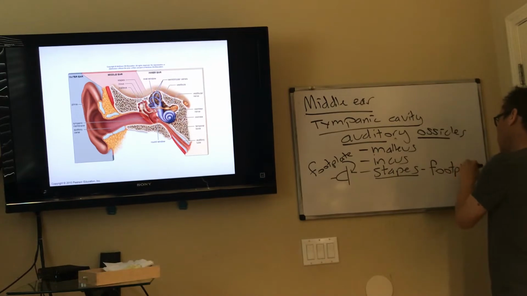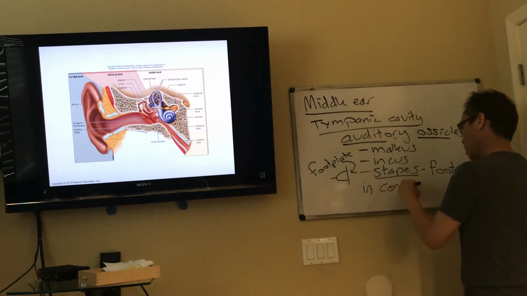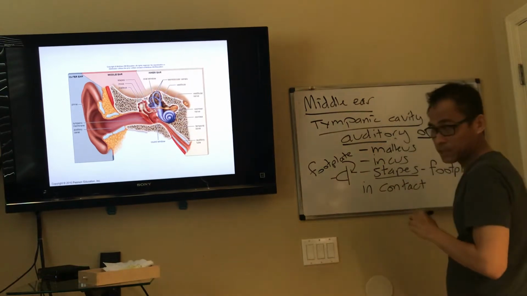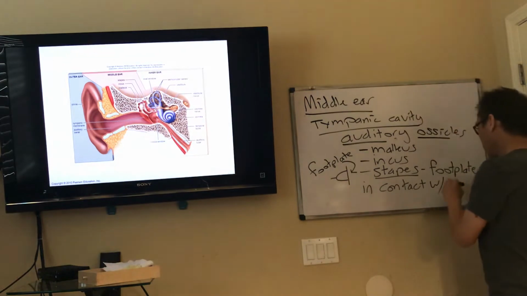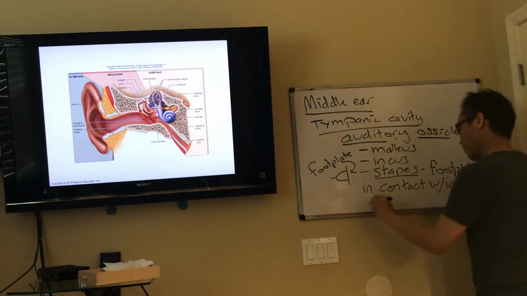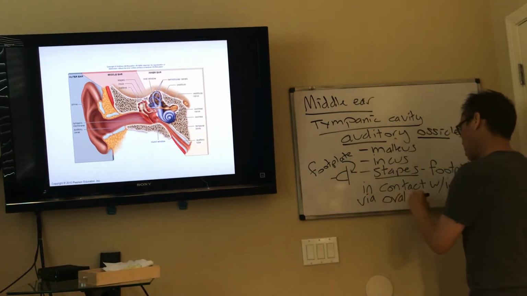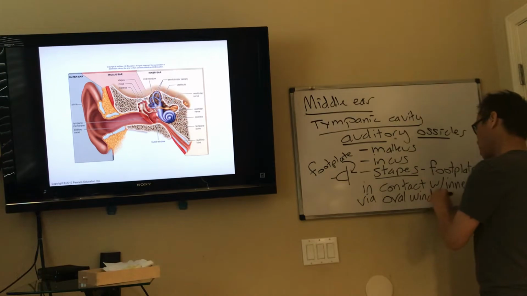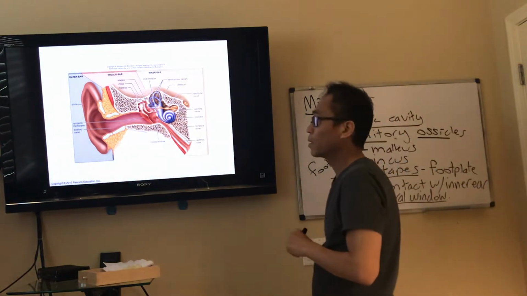Foot plate in contact with the inner ear structure via the oval window.